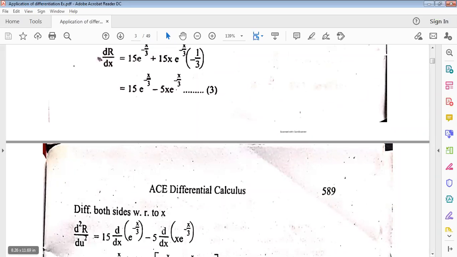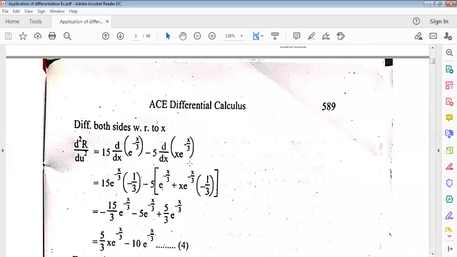So d square R by dx square will be 15 e to the power x formula, d/dx of this. Now by the UV formula, x will be U and e to the power minus x by 3 will be V, or the other way around, maybe any one. Now d/dx of e to the power minus x by 3 is e to the power minus x by 3 multiplied with the coefficient of x, which is minus 1 by 3.